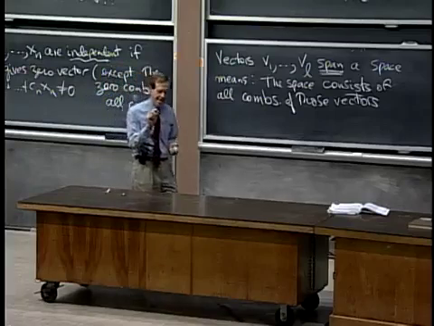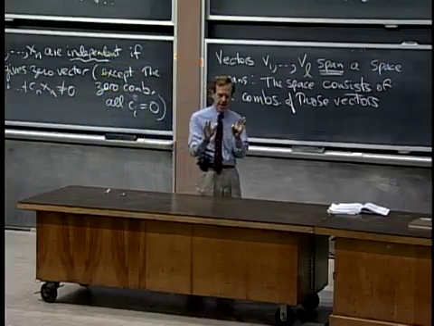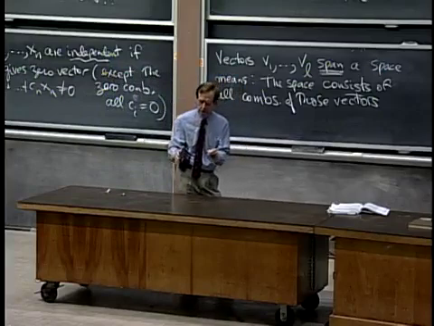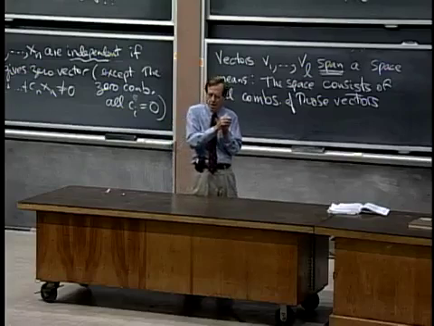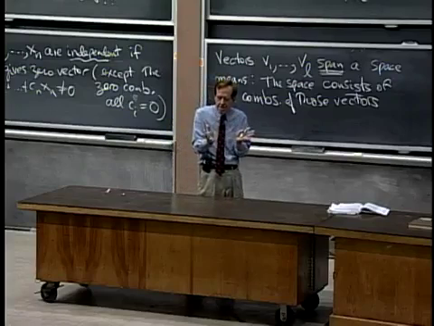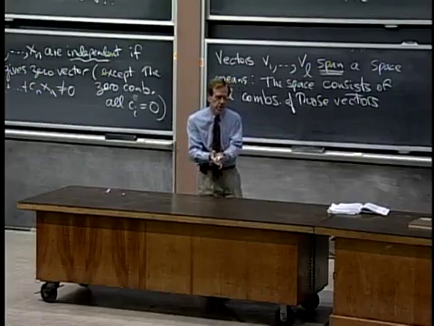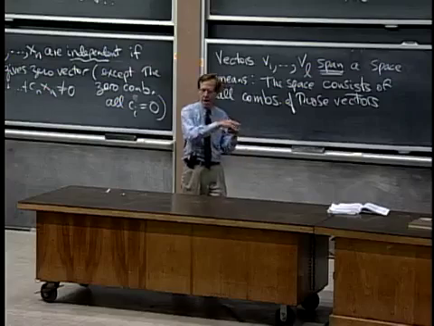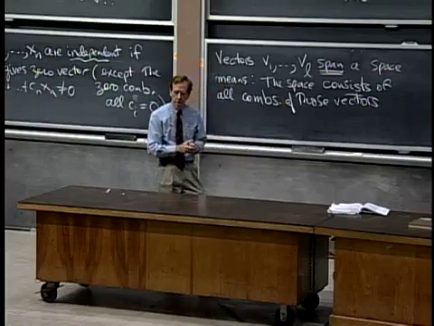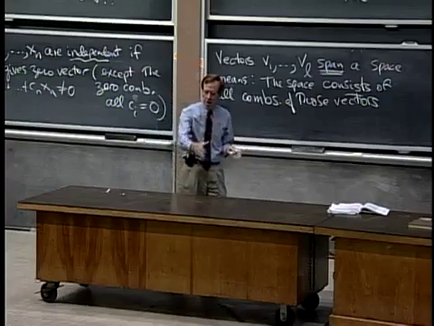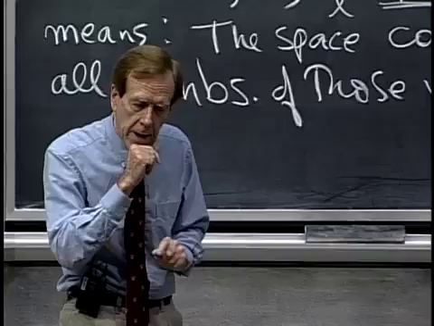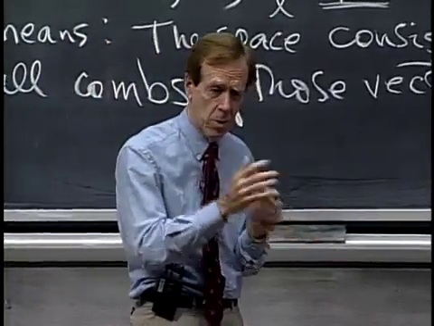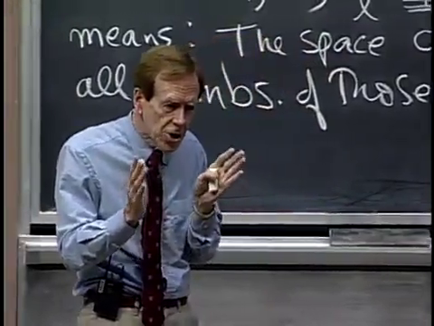But obviously, I'm highly interested in a set of vectors that spans the space and is independent. That means I've got the right number of vectors. If I didn't have all of them, I wouldn't have my whole space. If I had more than that, they wouldn't be independent. So like basis, and that's the word that's coming, is just right.